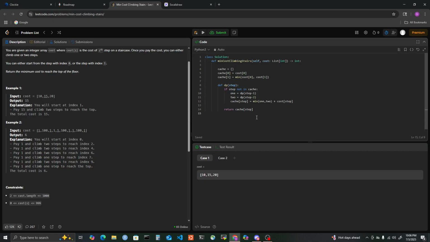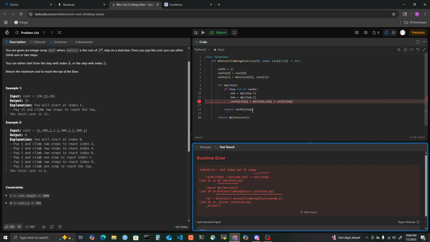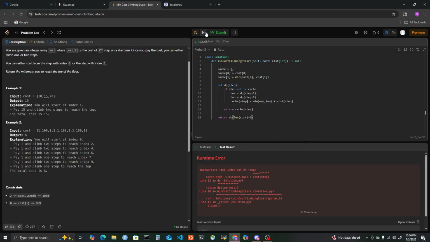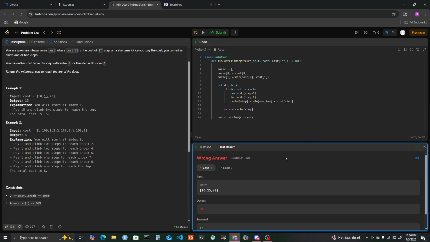And I'm going to return dp of length of cost. I don't think that's right. Well, length of cost is one step over, so we're out of bounds. I can see that being the problem.